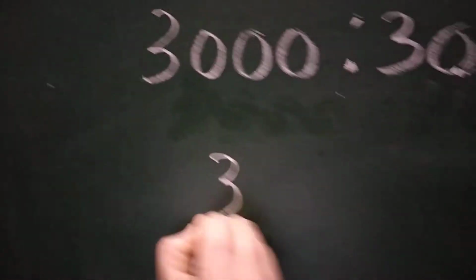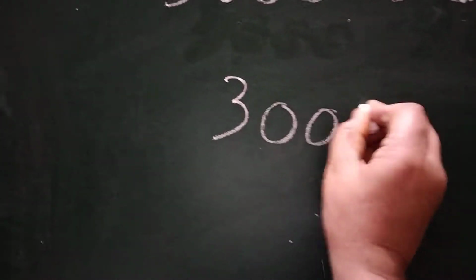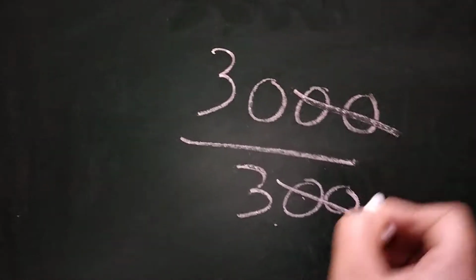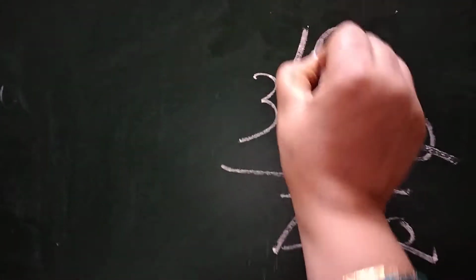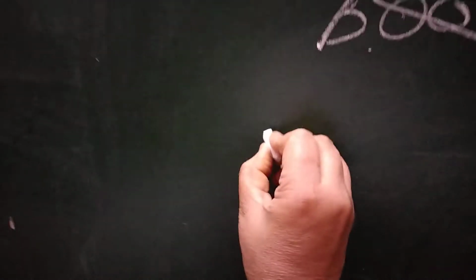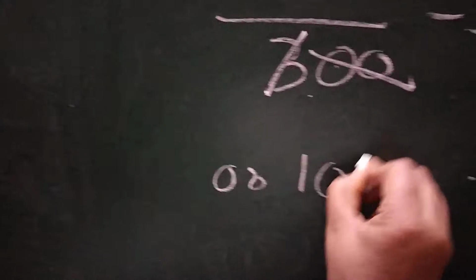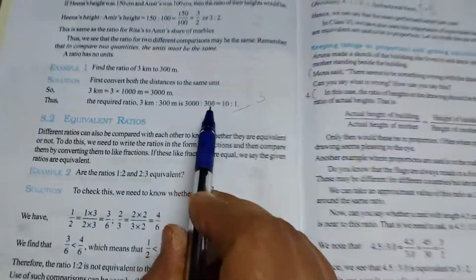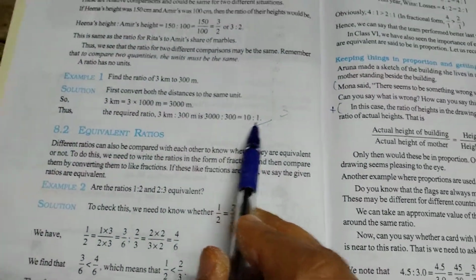When we divide 3000 by 300, cancel the zeros: 3 ones are 3, 3 tens are 30. So 10 by 1, or 10 is to 1. So 3000 is to 300 equals 10 is to 1.